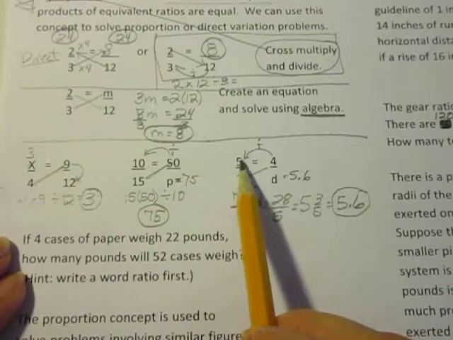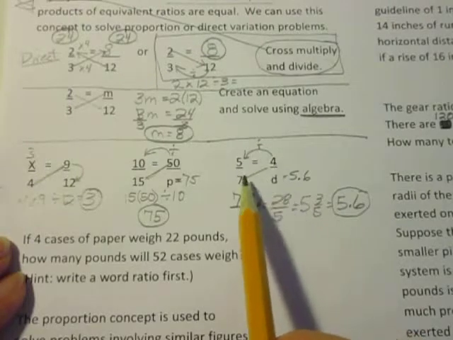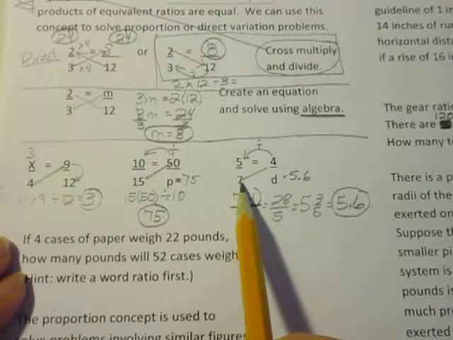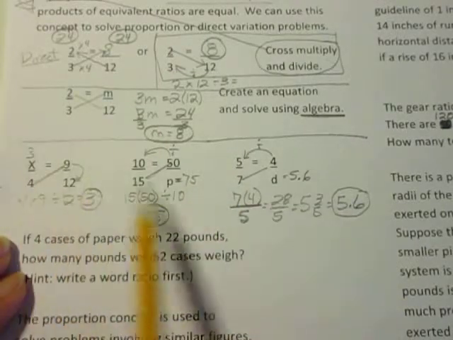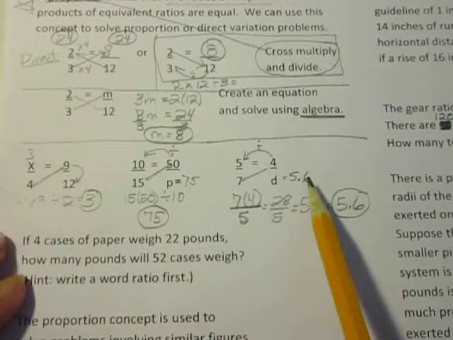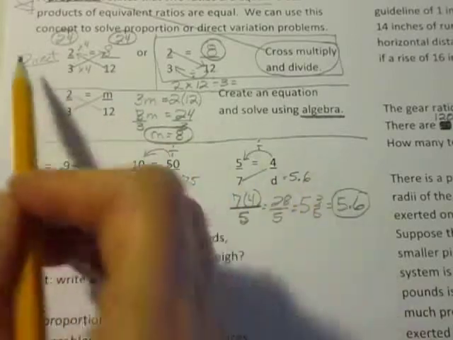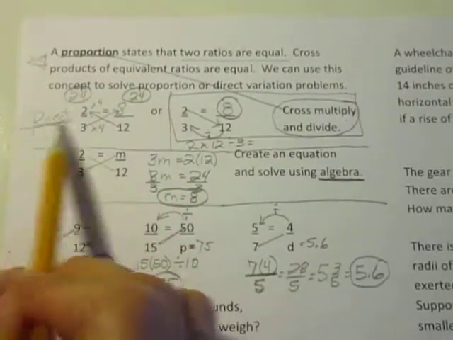In this one, my numerator decreased from 5 to 4. And here, my denominator also decreased from 7 to 5.6. This is the hallmark of what we call a direct proportion. That's where that term direct kind of comes into play.